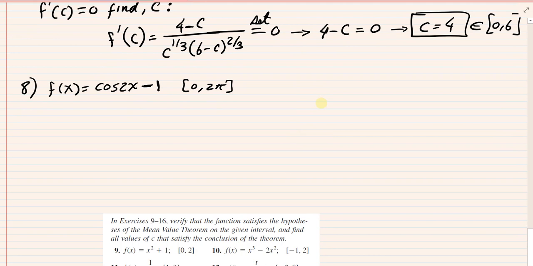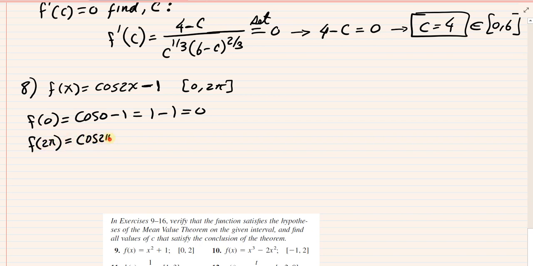Okay, so let's proceed again. F at 0 is cosine of 0 minus 1, which is 1 minus 1, or 0. F at 2 pi is a full circle back to that point, so you're going to get exactly the same result, 0.